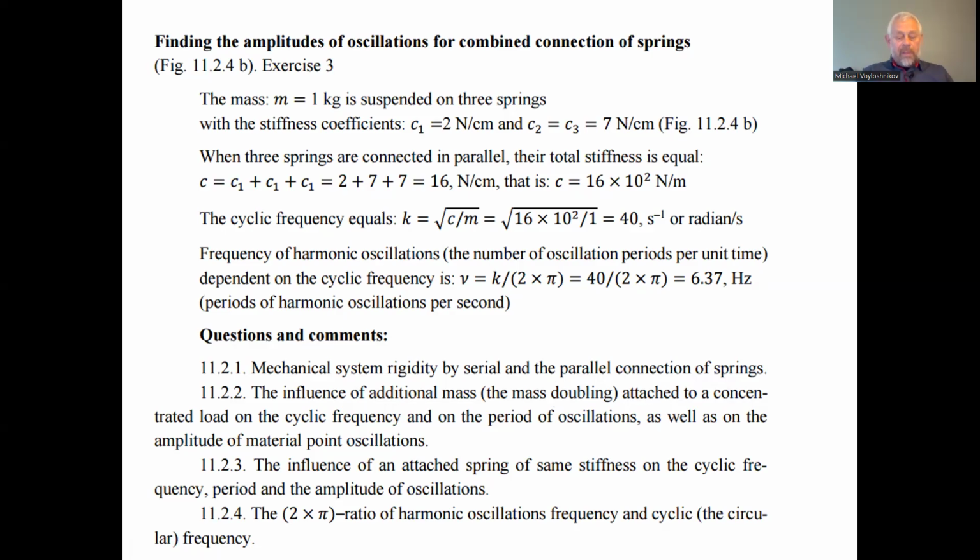11.2.2, the influence of additional mass, the mass doubling attached to the concentrated load, on the cyclic frequency and period of the oscillations, as well as on the amplitude of the material point oscillations. The impact of the additional mass increases the amplitude of the oscillation and increases the softness.